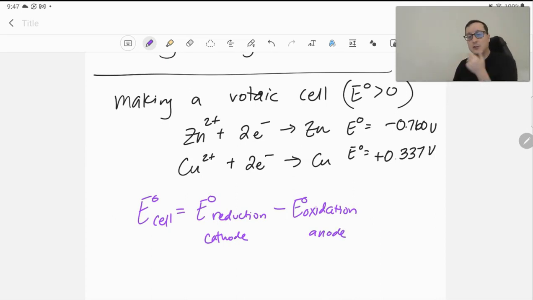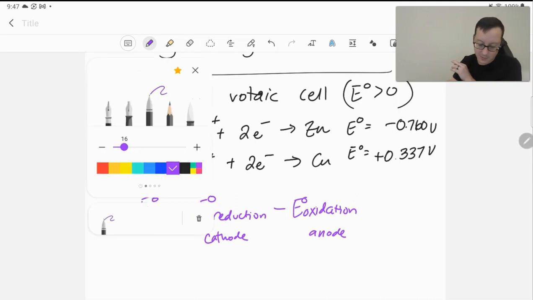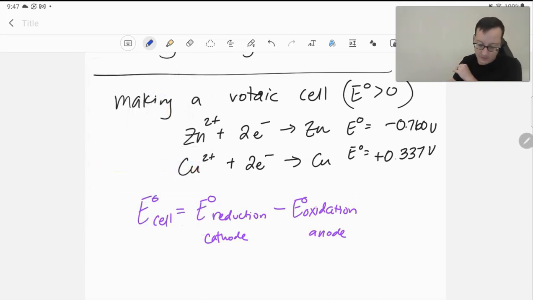Really, when we're given two reactions to combine together in such a way that will make a cell, even if we don't remember anything about what's better oxidizing agent, what's better reducing agent, throw the numbers in and see what happens. Let's try it where we keep the zinc one as our cathode and our copper at the anode. Let's see what we get there.